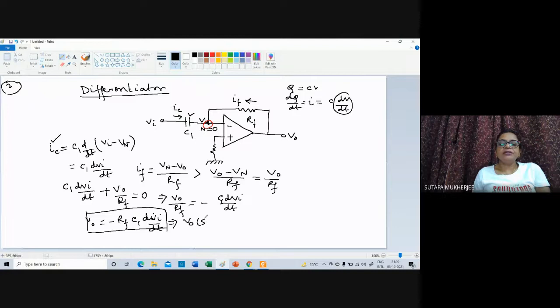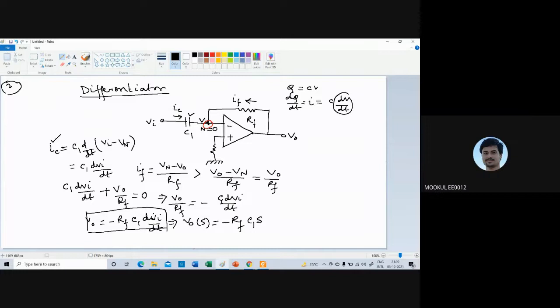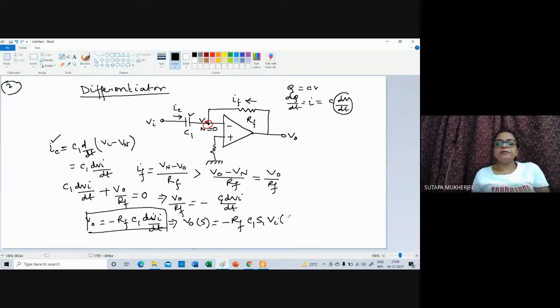V0(S), right? So minus RF C1 times the Laplace of dVi/dt. Do you remember? S Vi(S). I think you remember S Vi(S). This is not S1. This is S.